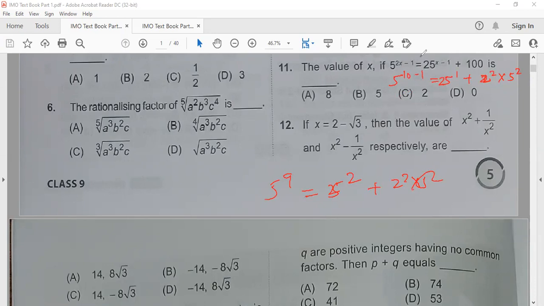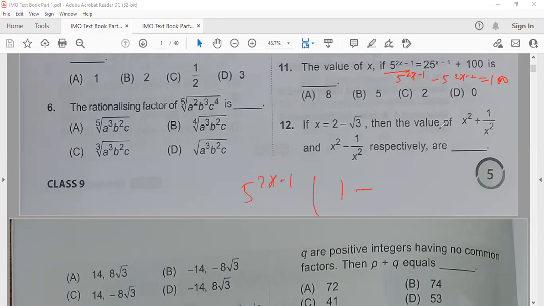Let us manually solve it. This is 5 power 2x minus 1 and 5 power 2x minus 2 is equal to 100. So take 5 power 2x minus 1 common.